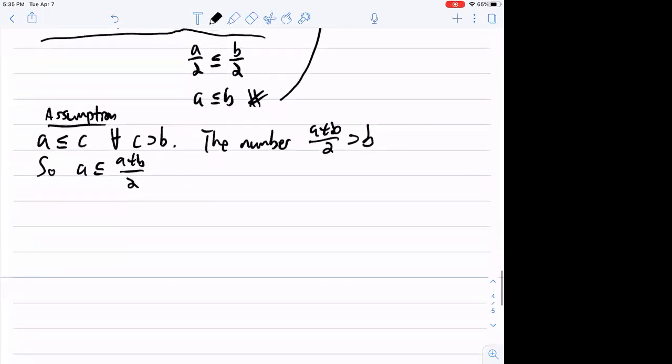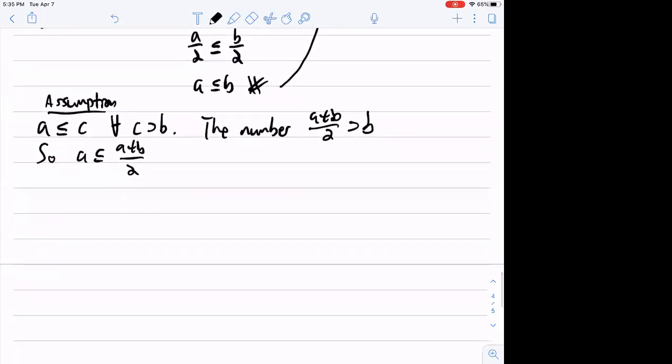Most of the time I leave the last 10 minutes for homework questions, but let me explain the quiz first. The quiz is on Thursday.